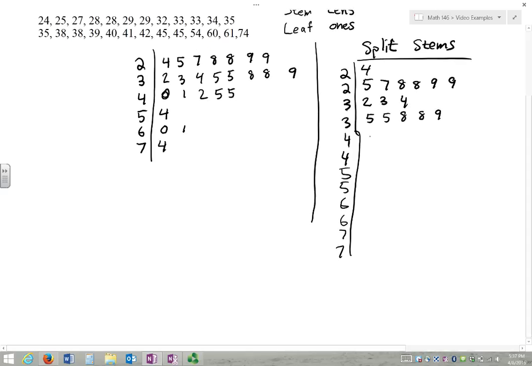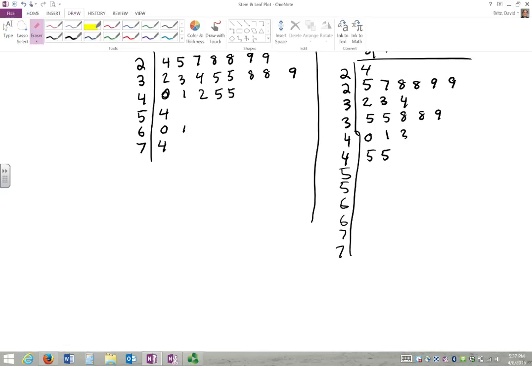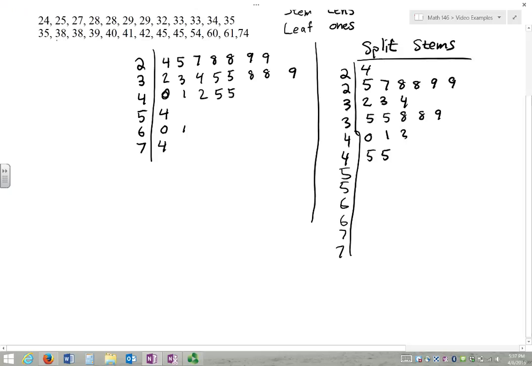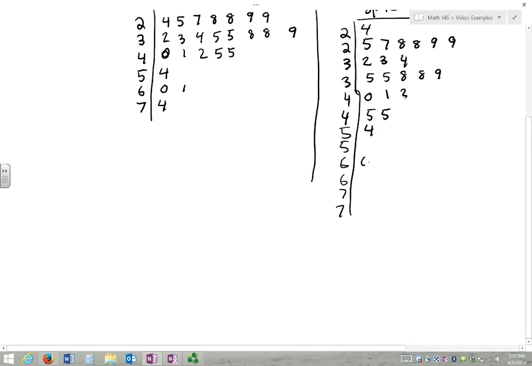And we have 40, 41, 42, 45, 45, 48, 48, 49. Oh no, the 8, 8, and 9 are not in there. Yep. Gotta keep track of these numbers. Alright, so we have a 54, we have a 60 and a 61, and we have a 74.